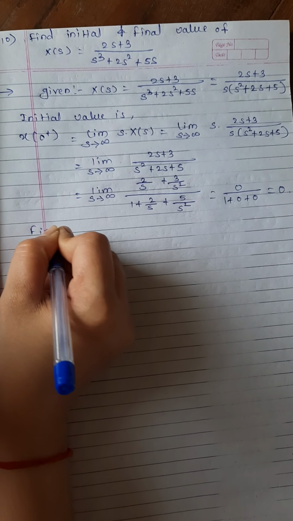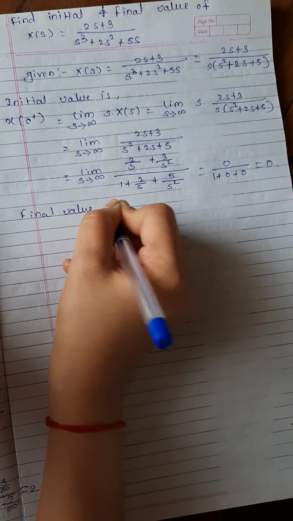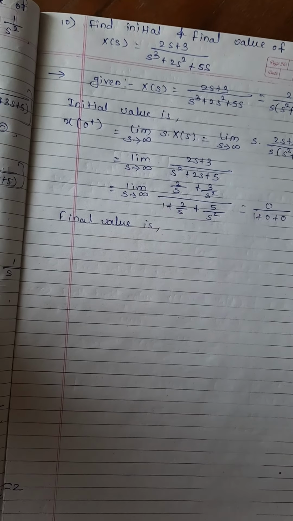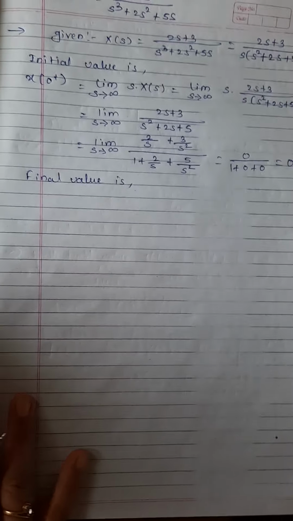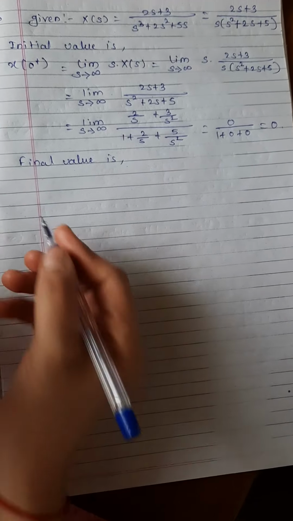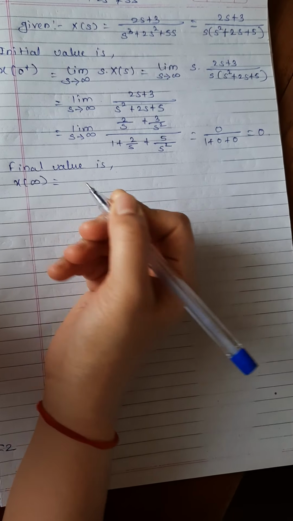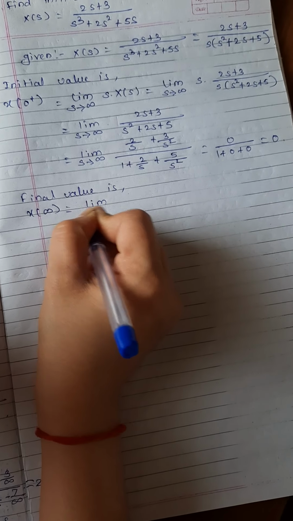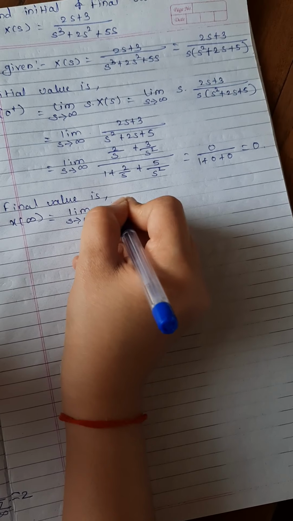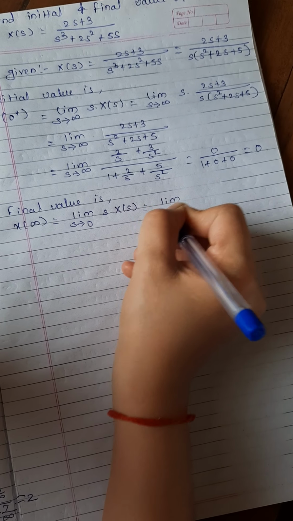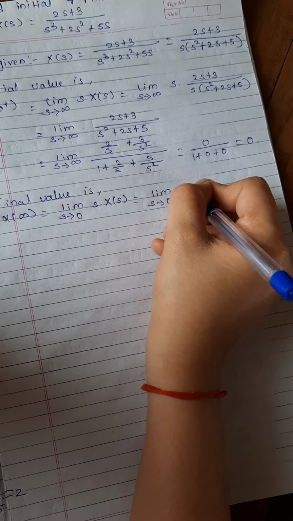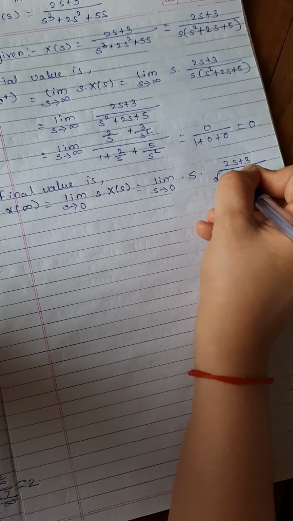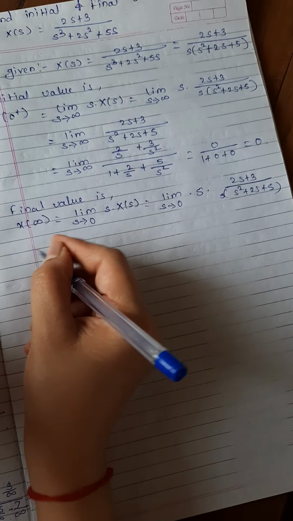So final value is x of infinity equal to limit s tends to 0 of s into X(s), which is s into (2s plus 3) divided by (s square plus 2s plus 5).